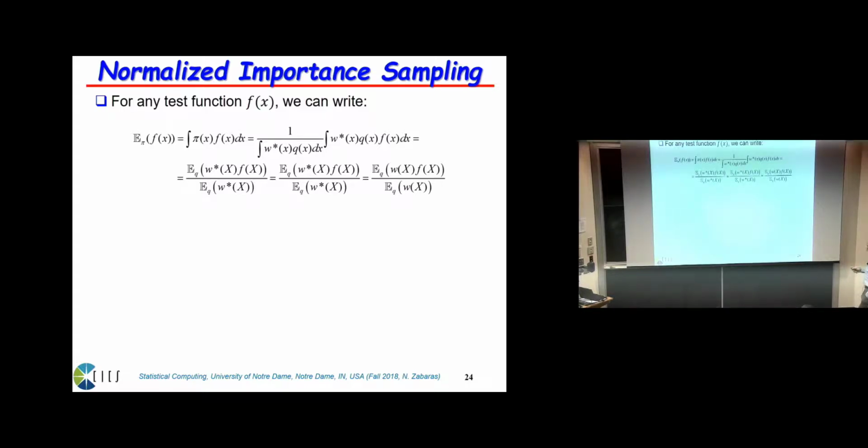So for the estimator now, I want you to give me your thoughts here. If we only know w star, to estimate this expectation, we can only approximate it as what? As the ratio of what?